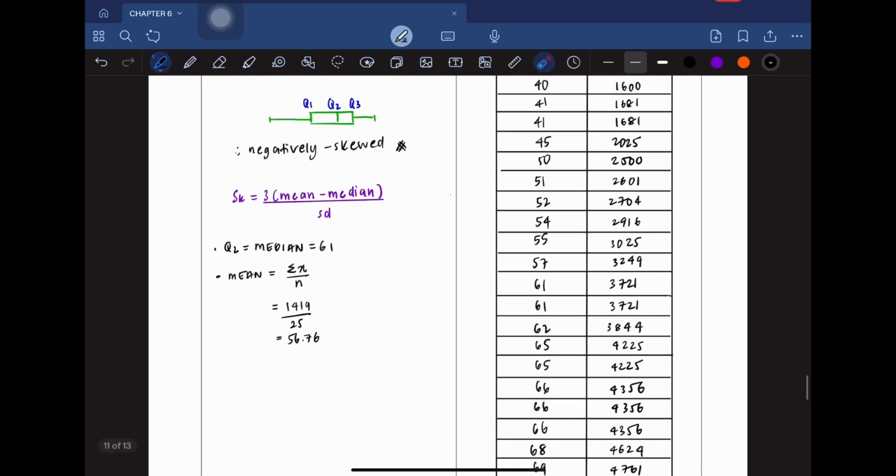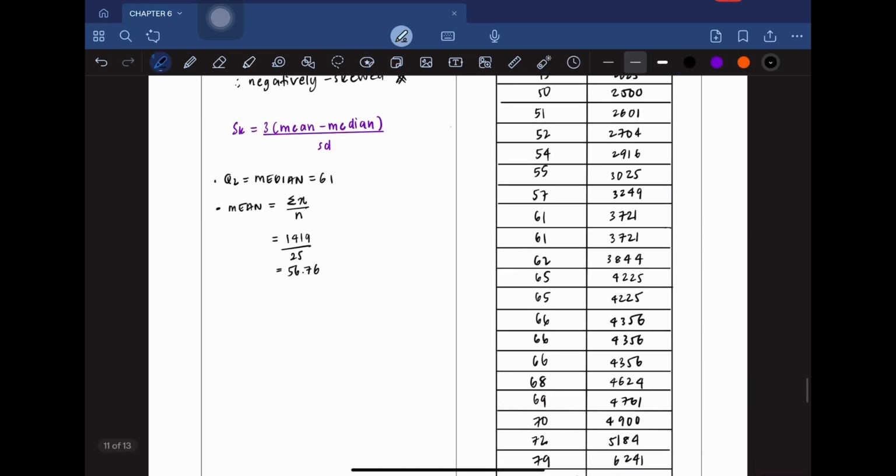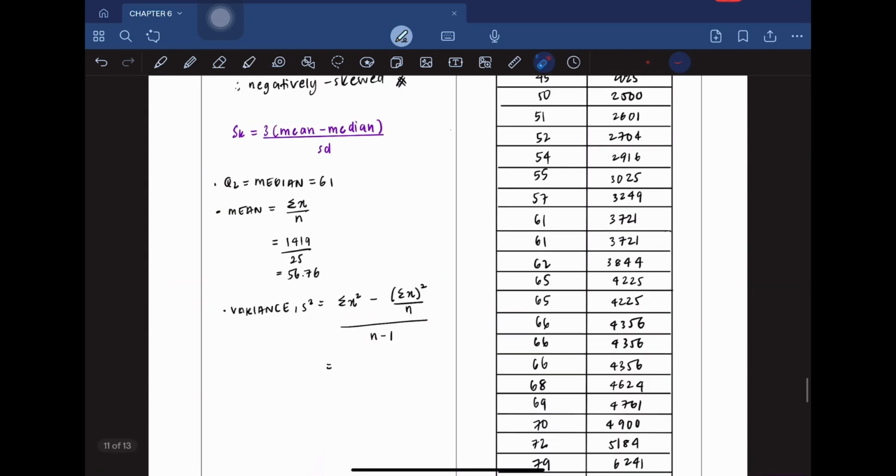Okay, so we already have the mean and median. Now let's find the standard deviation. In order to find the standard deviation, you first need to find the variance, because the standard deviation is the square root of variance. So the variance is equal to the summation of x square minus summation of x, square, divided by n, all over n minus 1. We already have the summation of x, we can find n and n minus 1, but we don't have the summation of x square.